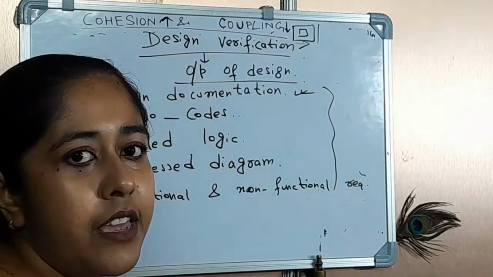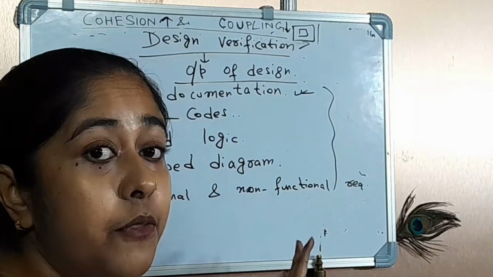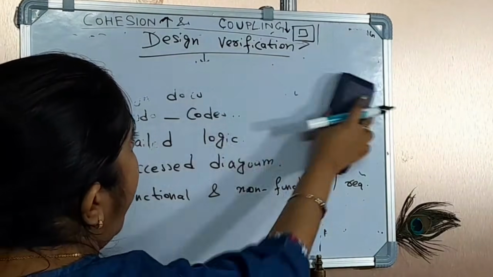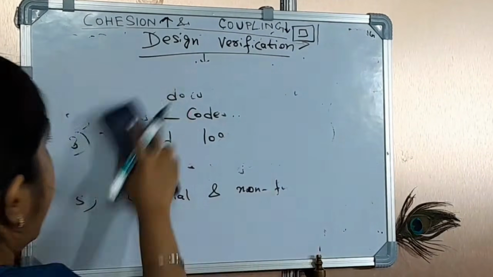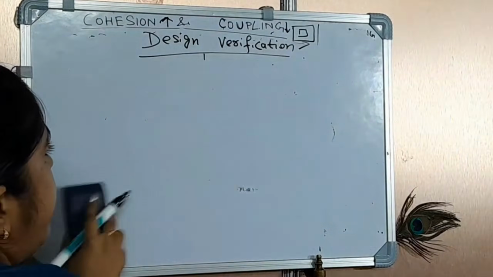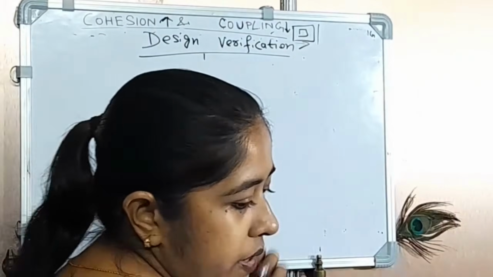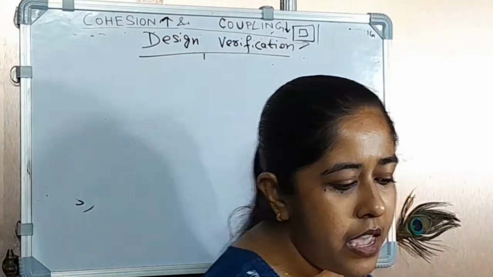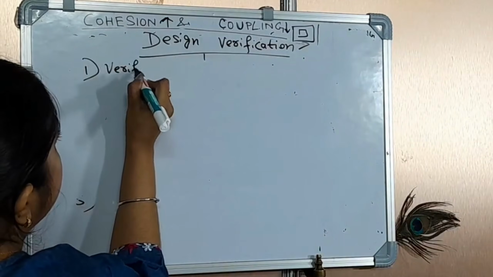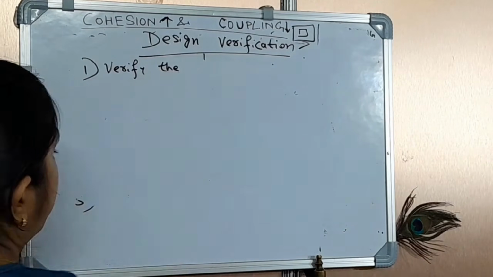You have the parameters done, but how will you verify? Let's see. Now, how will we verify our designing phase? So there are some points which you have to keep in your mind. Okay, first one, you have to verify the output.